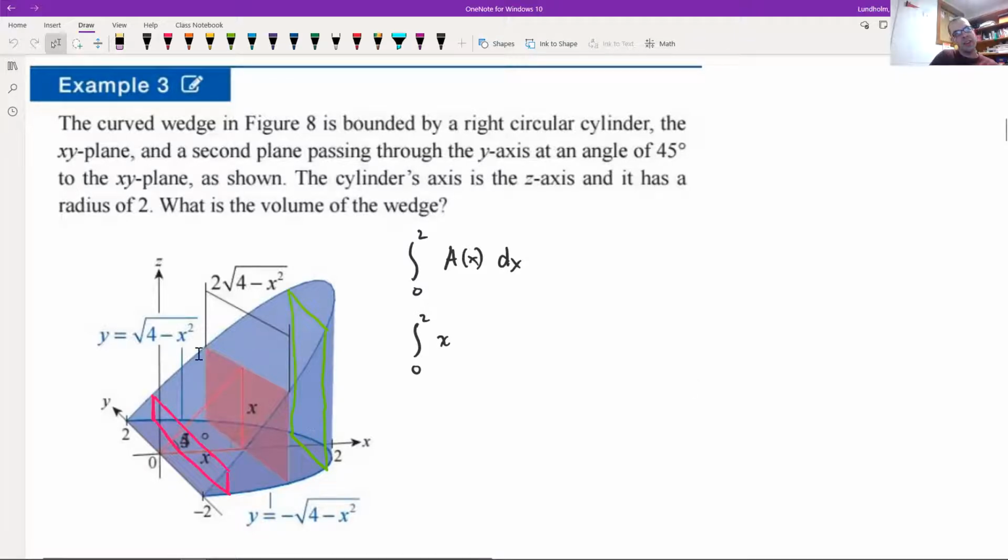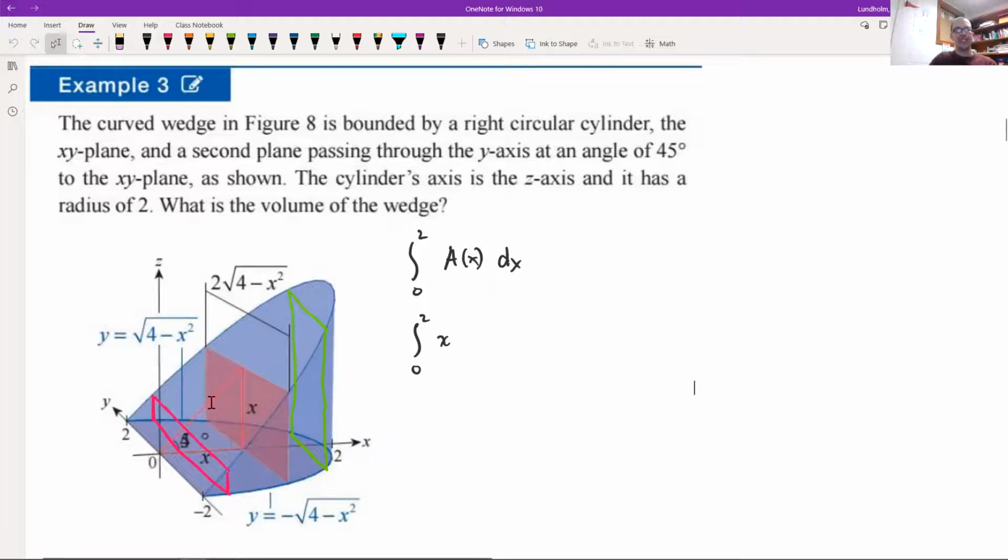But the width of this rectangle is going to depend on how far it is to go out to this y boundary on the right-hand side, or this y boundary on the left-hand side. And again, since this is centered at the z-axis, both of those are going to be symmetric.